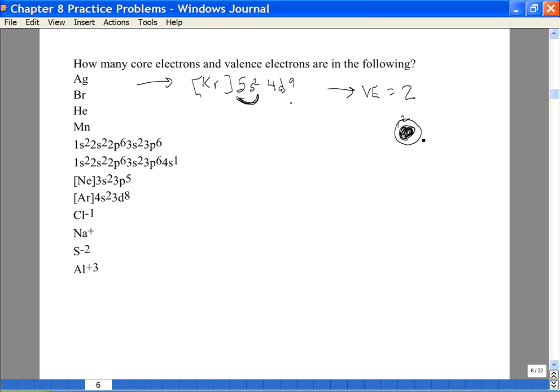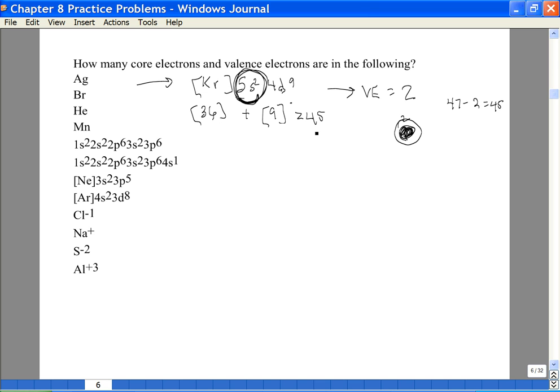Or you can identify these 2 electrons as being valence electrons and then add the value of the krypton atomic number, which is 36, plus the remainder of the electrons that are not in the valence shell, and you also end up with 45. Okay, so that is core electrons and valence electrons in silver.